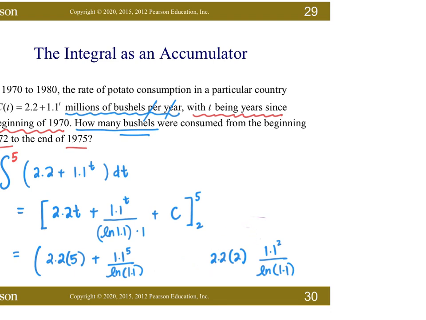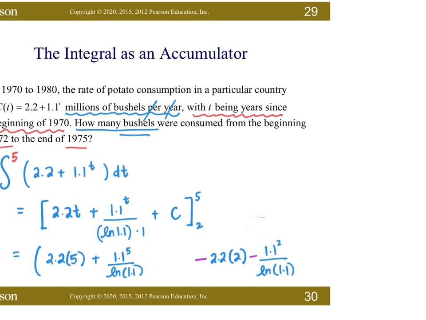So I can make this a minus and this a minus. And so then I can just use my calculator, I think, probably to evaluate this. So 2.2 times 5 plus 1.1 to the 5th over the natural log of 1.1, and then minus 2.2 times 2, and then minus 1.1 squared. So doing all of that on our calculator, let's see what we get.